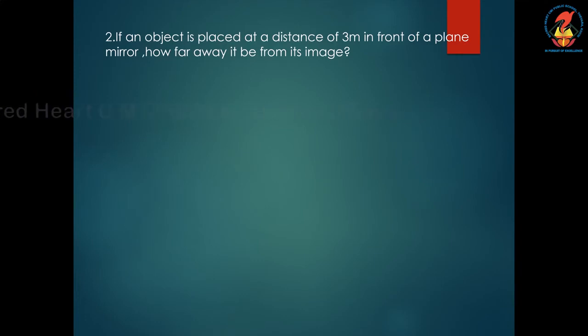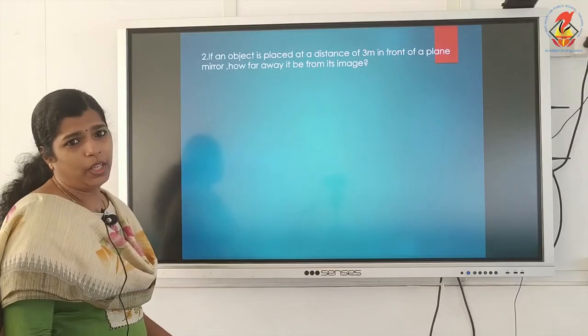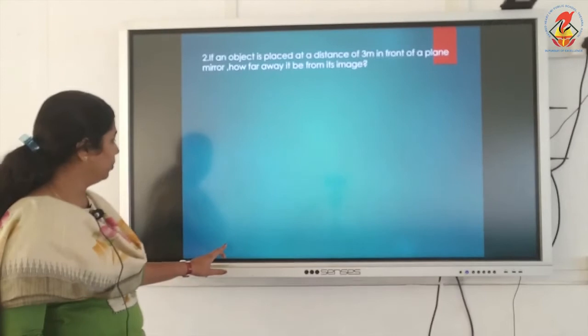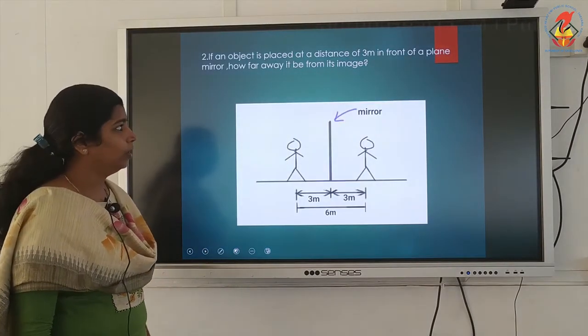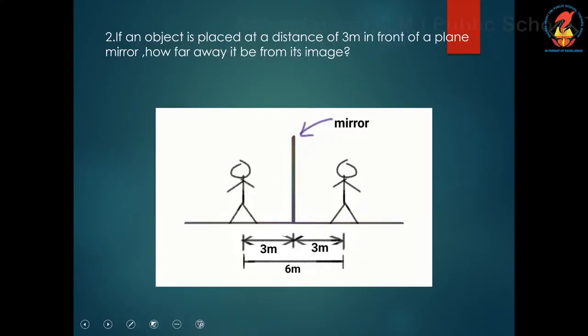If an object is placed at a distance of 3 meters in front of a plane mirror, how far away will it be from its image? Or how far will the image be formed from the object? This one is the mirror, this one is the object and this one is the image.